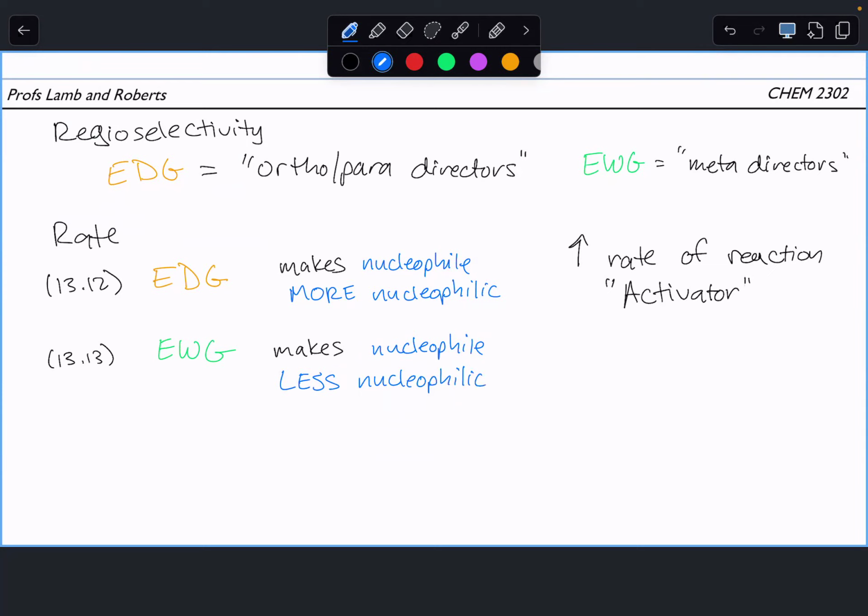So if we make the nucleophile less good at its job, you better bet the reaction rate is going to go down. It's not as good as being a nucleophile, so our rate of reaction goes down. So this is called a deactivator.